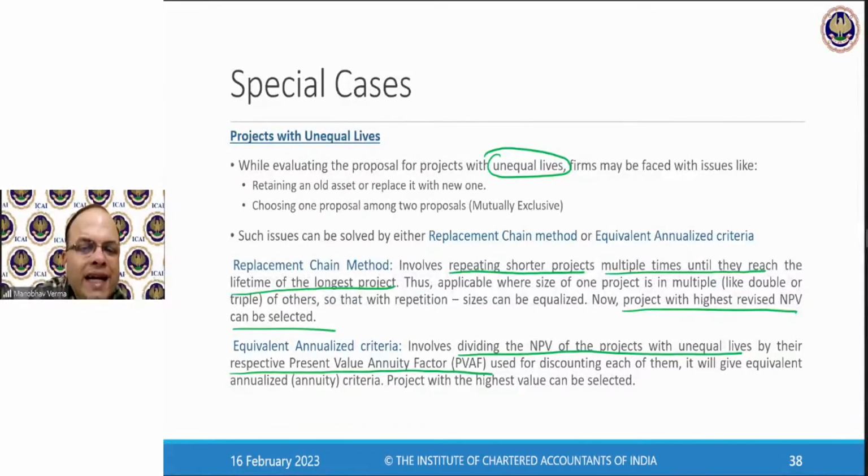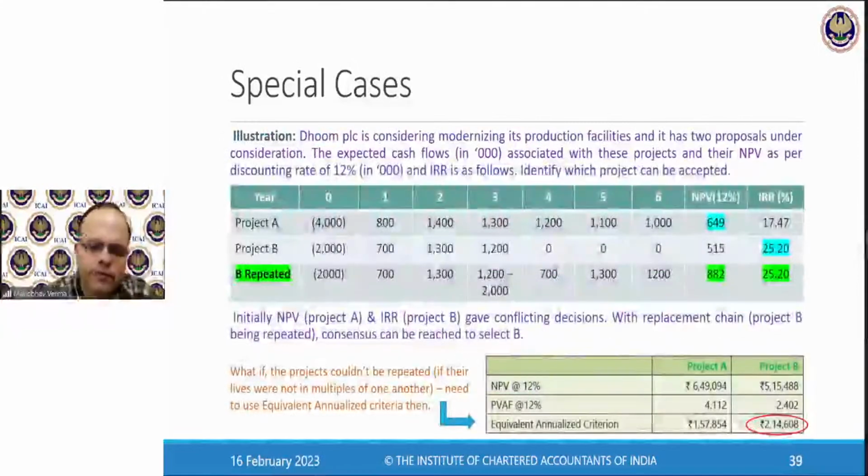So we divide the NPV by the PVAF. Then it will give us the equivalent annualized criterion, and the project with the highest value can be selected. We need to know the names and what exactly we do in these two methods, and we'll also look at the example here, right? So let's see.